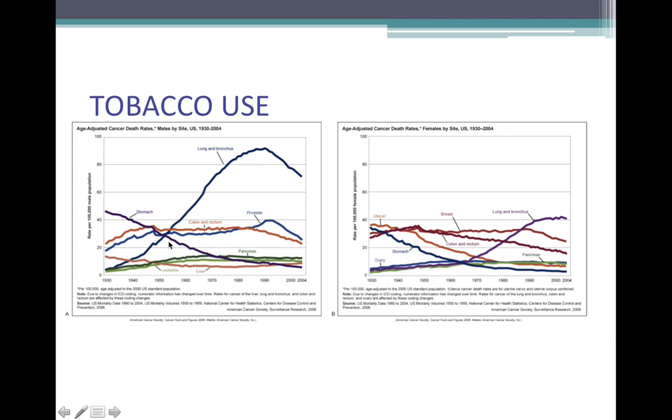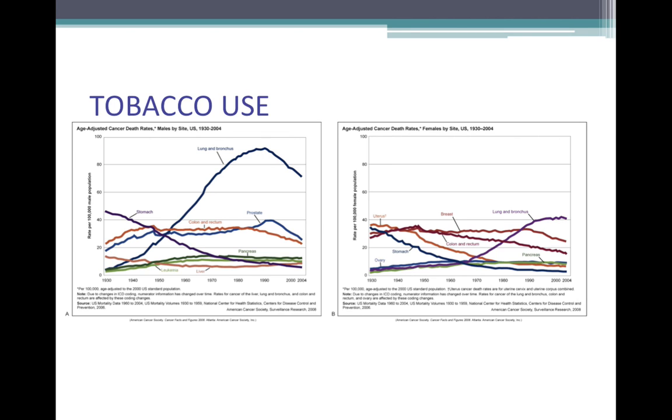But you can see some cancers are increasing, like lung and bronchus cancer. So airway cancer has been rising dramatically. In fact, if you look at this, it's risen what looks to be about 100 times as much as it had been 100 years ago. So it is on the decline in the last 20 or 30 years because of more of a public understanding of the risks of tobacco use.